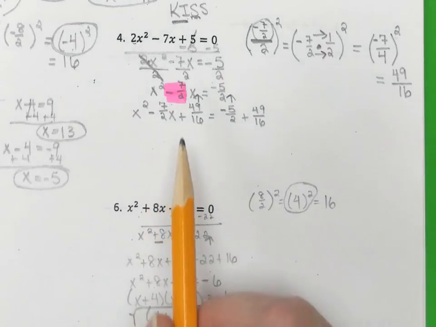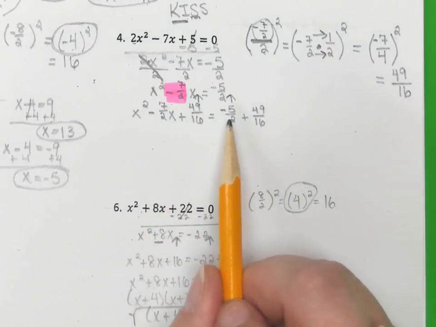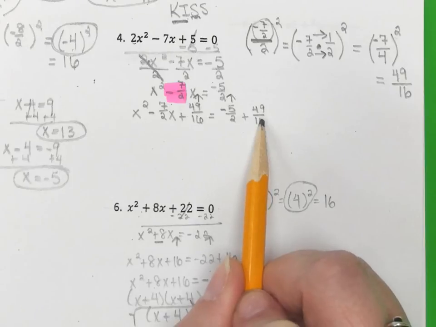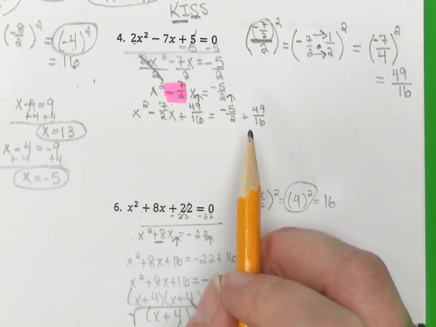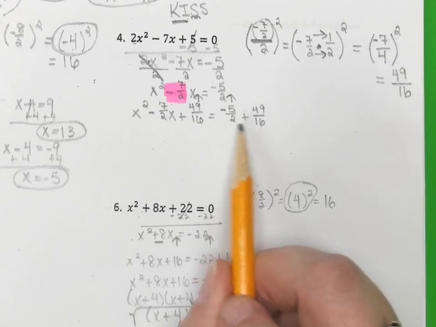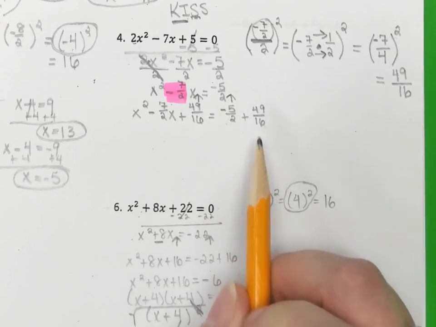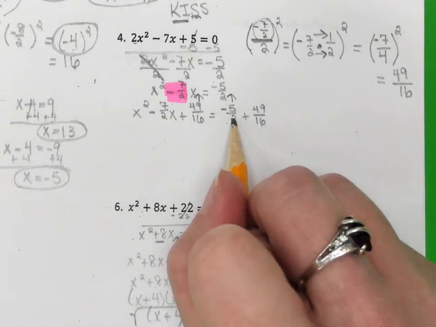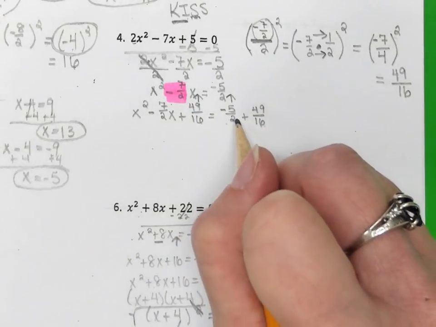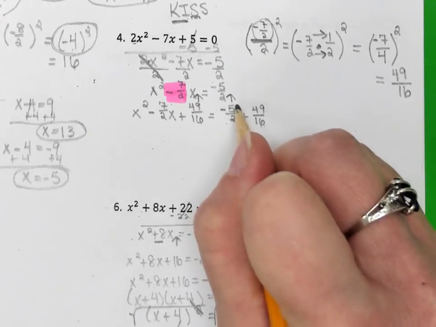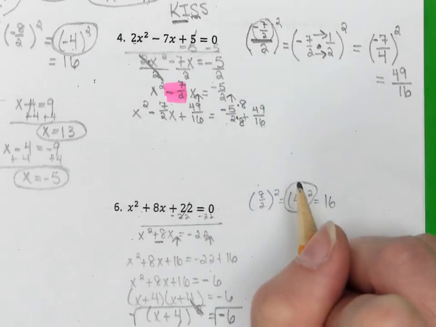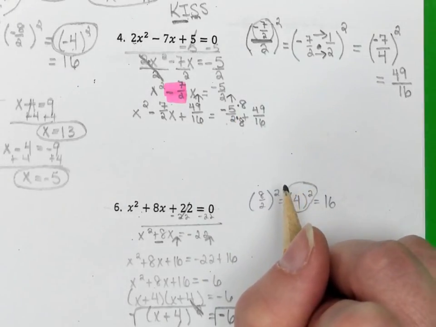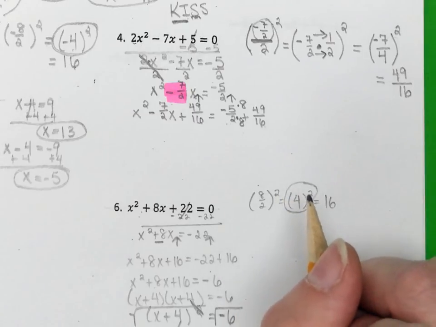Alright, so let's do this. You ready? Let's do this on the side. How do I add fractions? They have to have something in common. Same denominator. What's the same denominator between 2 and 16? 16, right? So how do I make 2 become 16? Multiply by 8. There you go. Let's do it on the side so we don't have to write so much, okay?